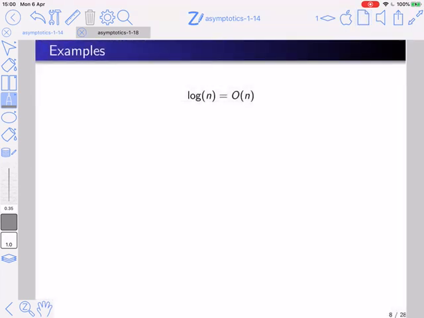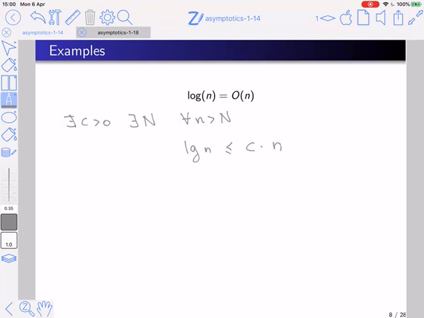The second example, I claim that log n is big O of n. Let's see why. I need to prove that there exists a constant c, which is positive, and that there exists a natural number N, such that for every n greater than N, log of n is less than or equal to c times n.